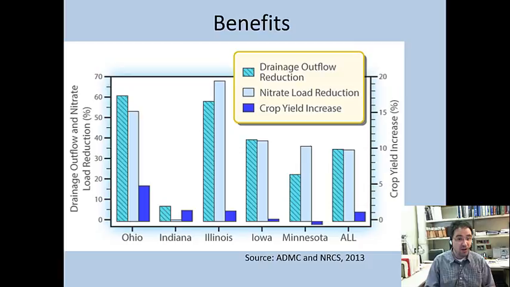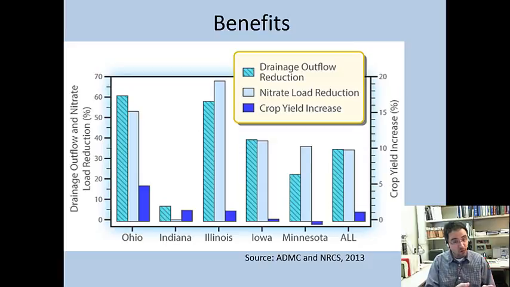Okay, if we look at the nitrate load reduction, again, we see about a 35% reduction in the amount of nitrate, or pounds per acre of nitrate, that are lost from a field where we have drainage water management compared to conventional or free drainage.